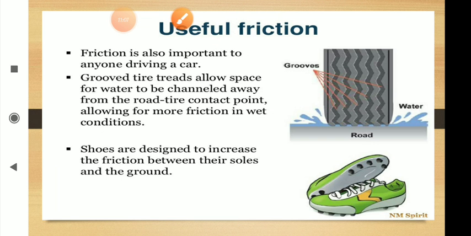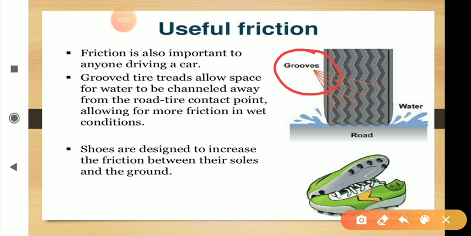In addition to this, it plays an important role while we are driving. If you observe the shape of a tire, certain grooves are there. These grooves will help while we are moving in the rainy season.